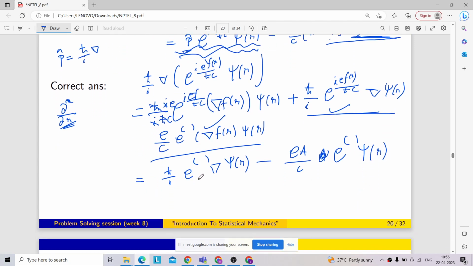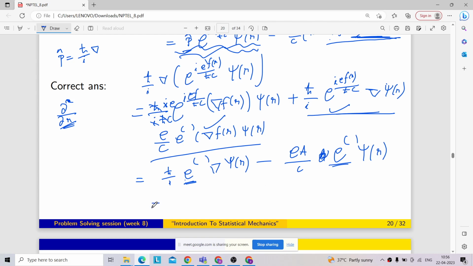So effectively you see, this e to the power is common in both the terms.